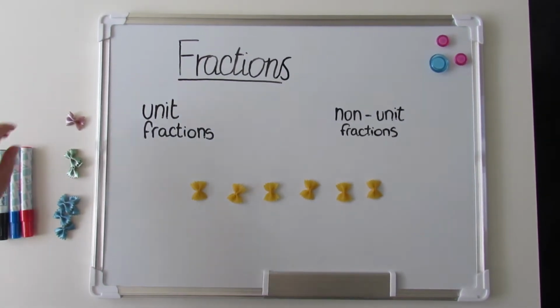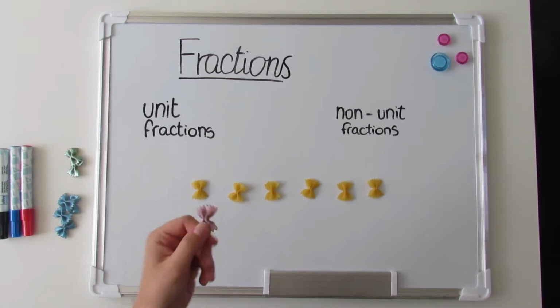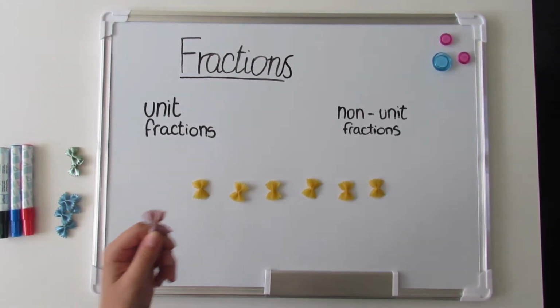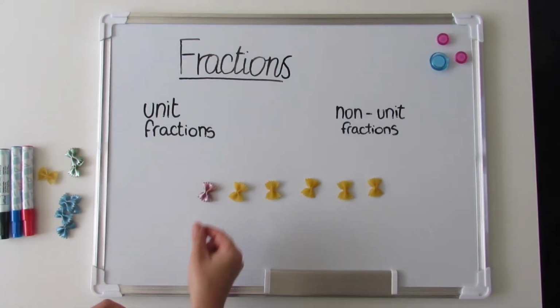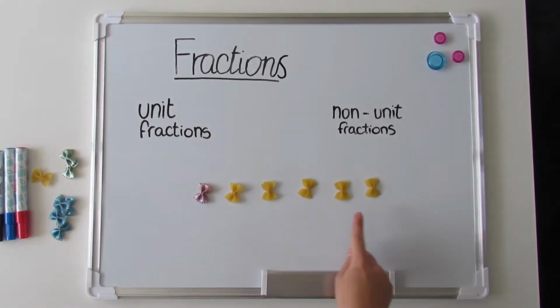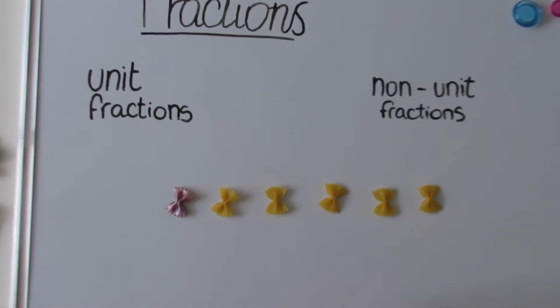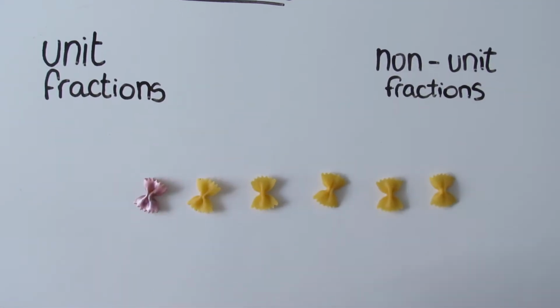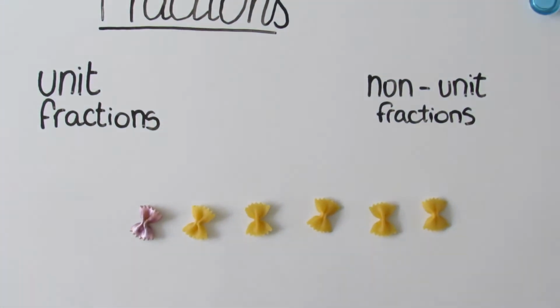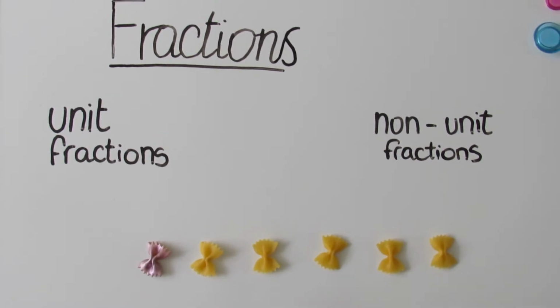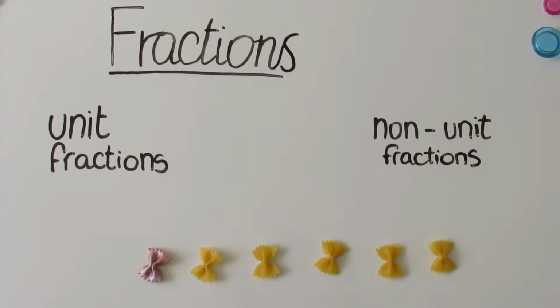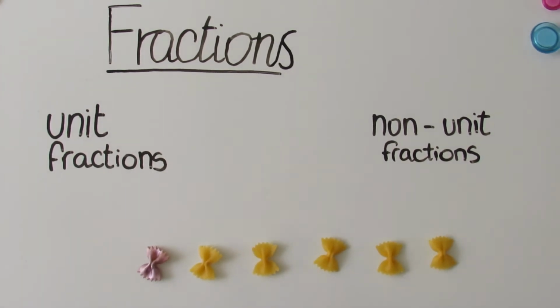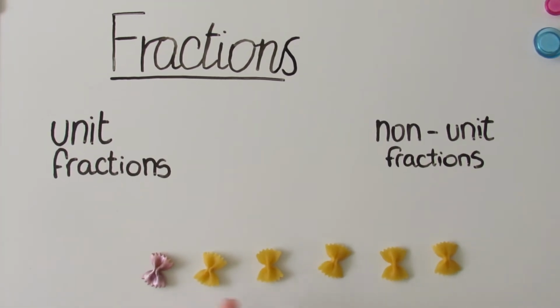To see different fractions, I decided to color some pasta. So I'm going to change these and put the pink one. This is a fraction. So how many pieces of pasta are pink? It's 1 out of 6. So that's our fraction that represents a part of a whole.